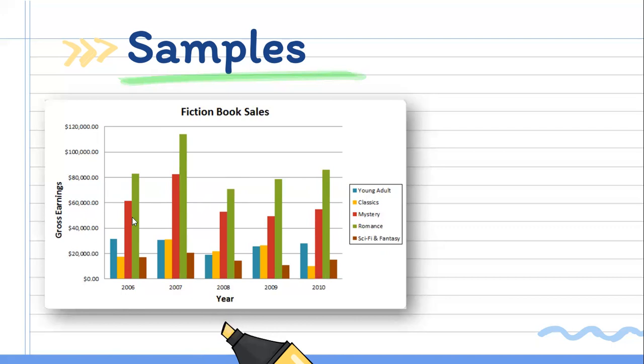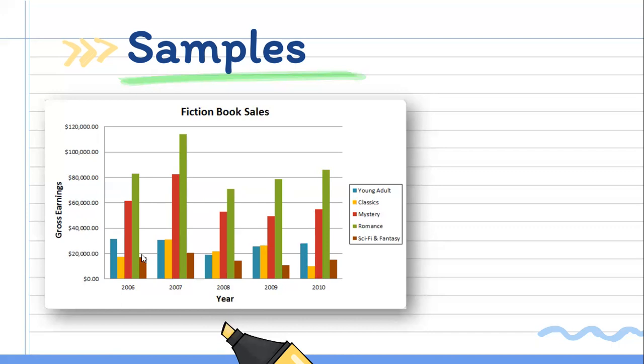Yes, exactly, because you can see they are in the same increase or downtrend. They both increase or decrease in the same period. So remember to compare the starting point and the ending point. For the green, romance, it is a slight increase. The red, a slight decrease. Blue, a slight decrease too.